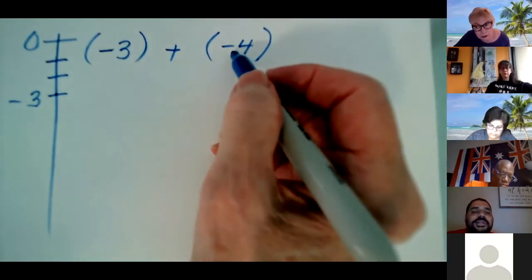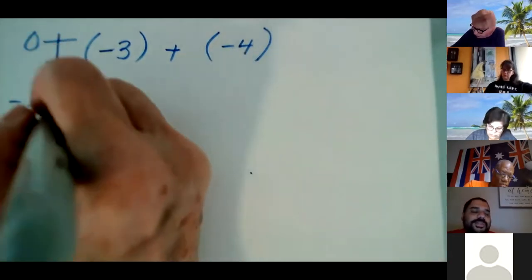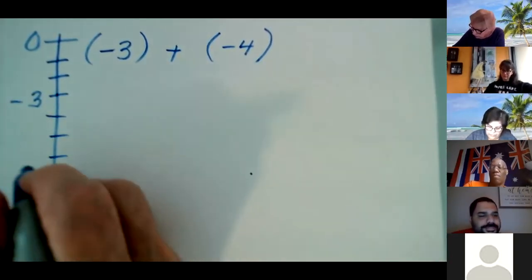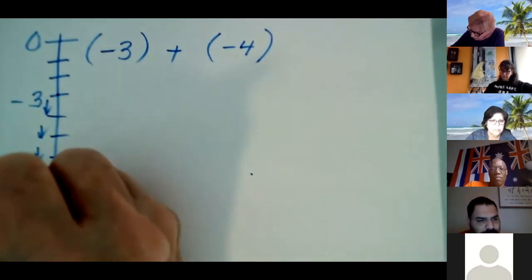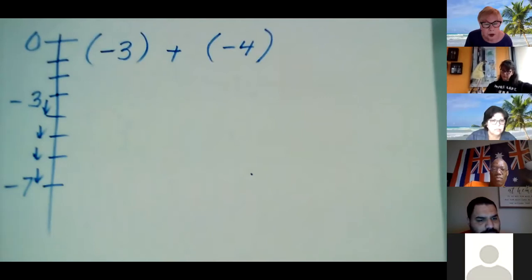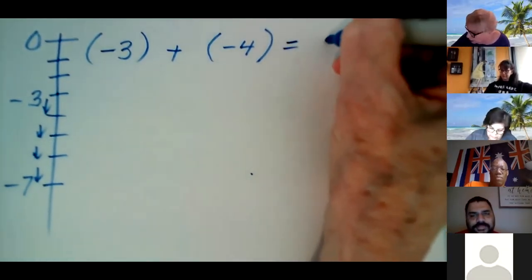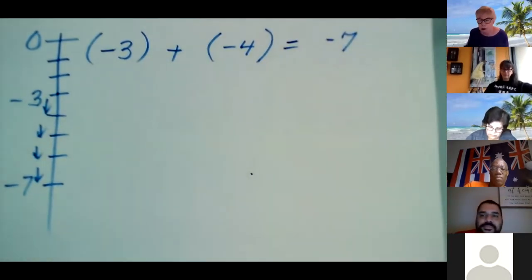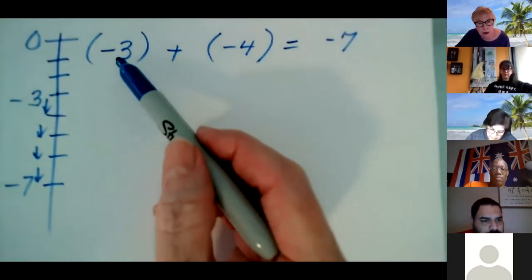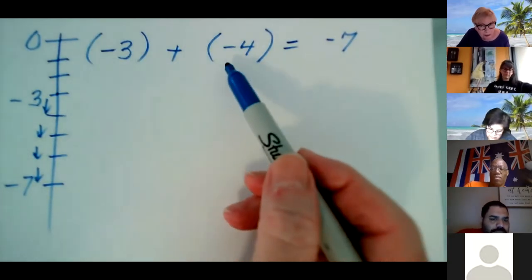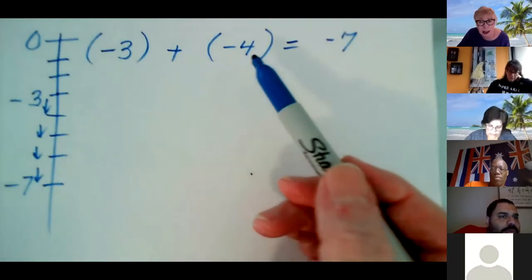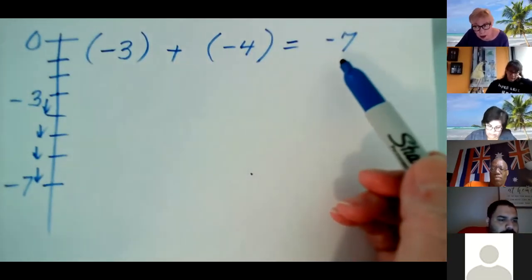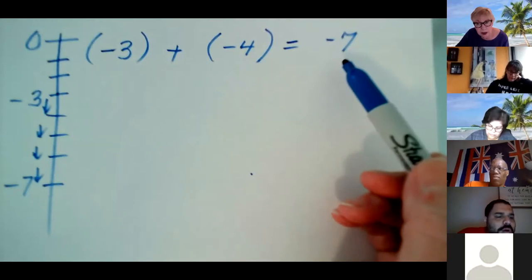It went down even further, which can happen. Do you believe me? So the answer, of course, is -7. If you relate this to money, you owed $3, but then you had to borrow, unfortunately, another $4. So now you're in debt $7. Is this working for you?